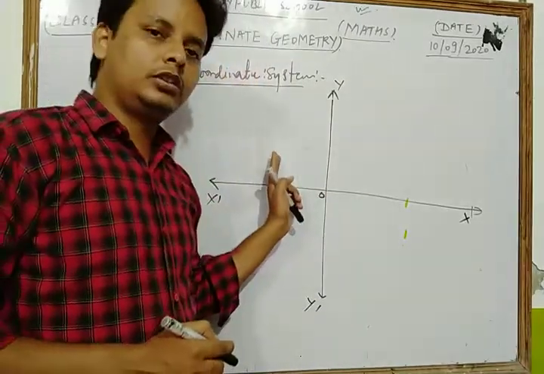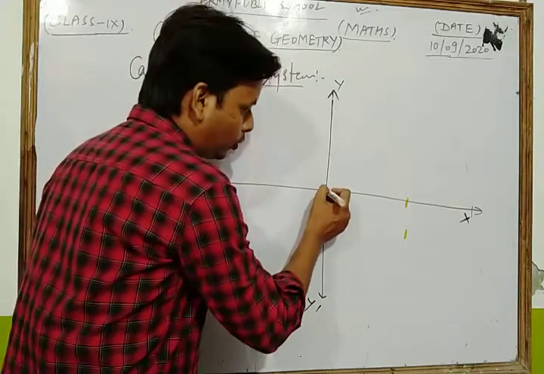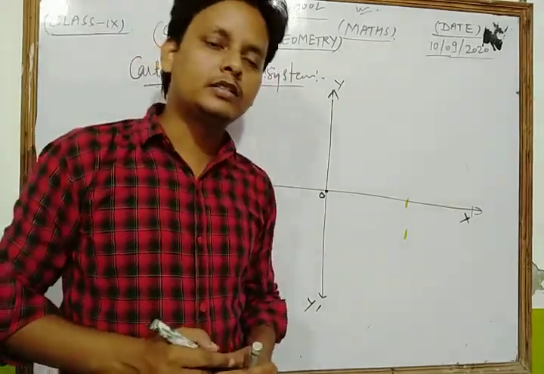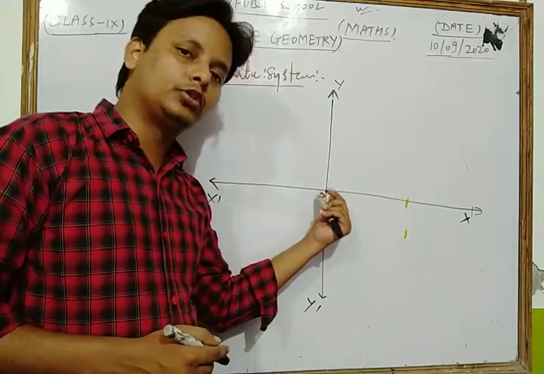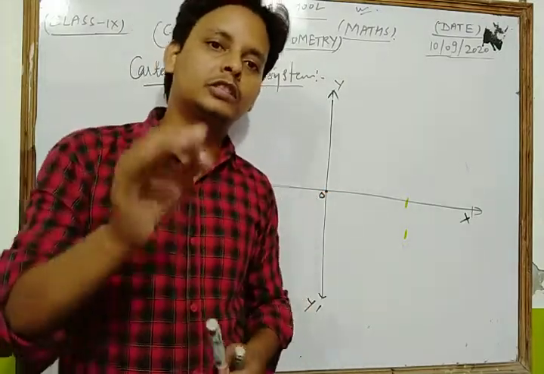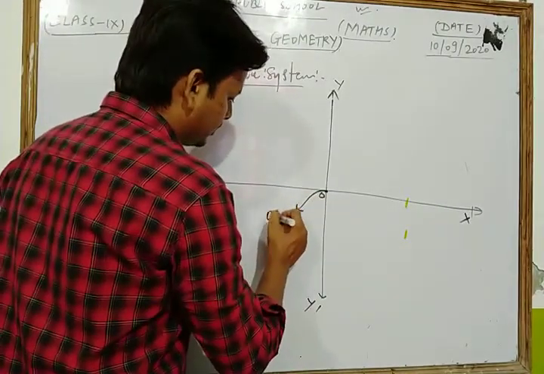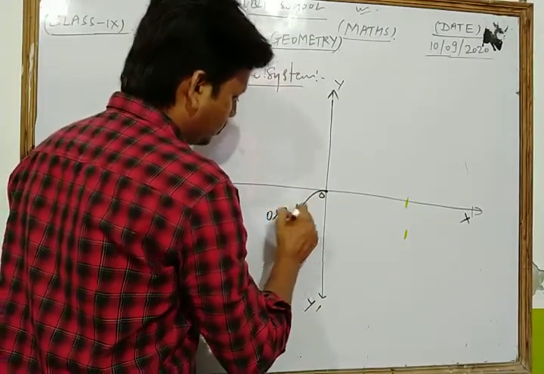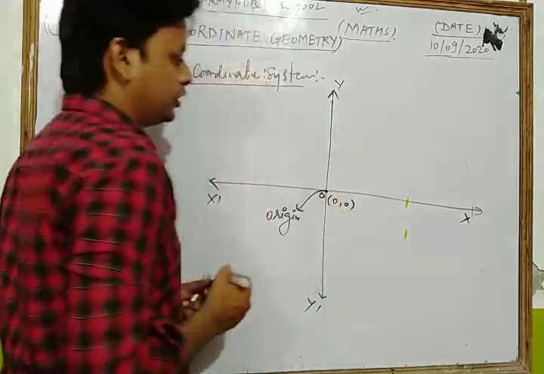Here we draw two mutually perpendicular lines which intersect at point O. The point of intersection, that point O, is known as the origin. And the coordinates of the origin are always (0, 0).